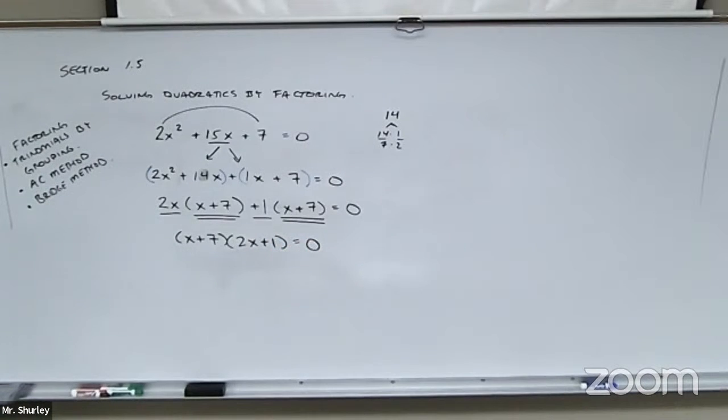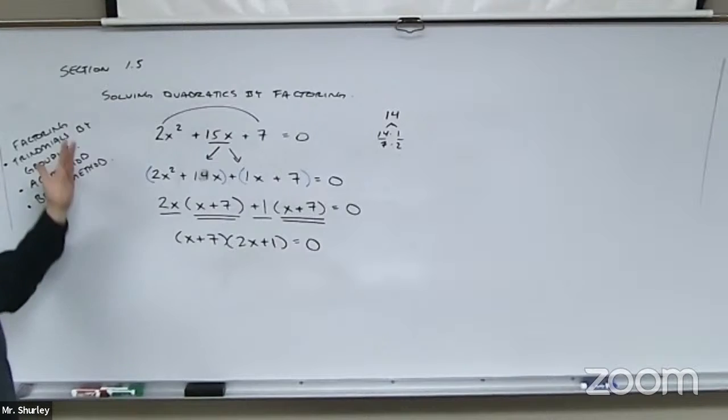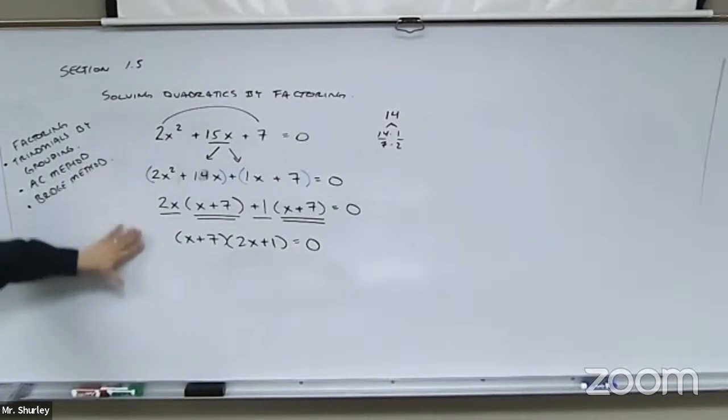Okay, I would be left with 2x and positive 1. So that, and I'll do another example of it, but this is factoring trinomials by grouping, the AC method, okay?